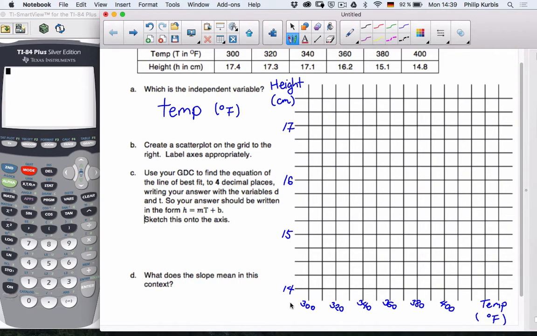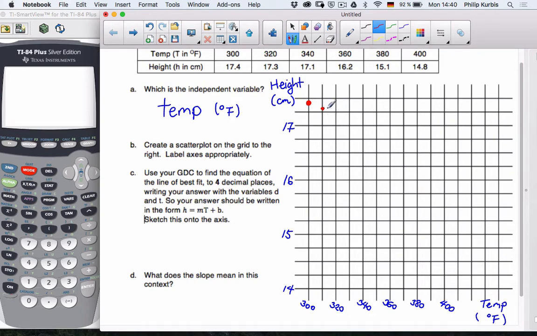We counted every 4, so each of those lines is 1/4, 0.25. So let's get the points on here then: 300, 17.4, so a little bit less than 17.5, and then 320, 17.3, so a little bit above that 0.25 line.